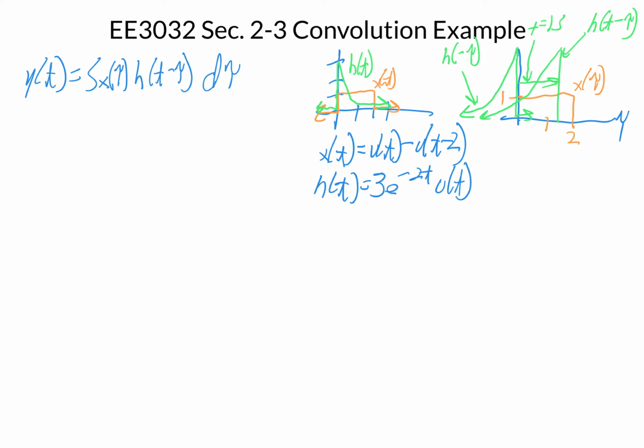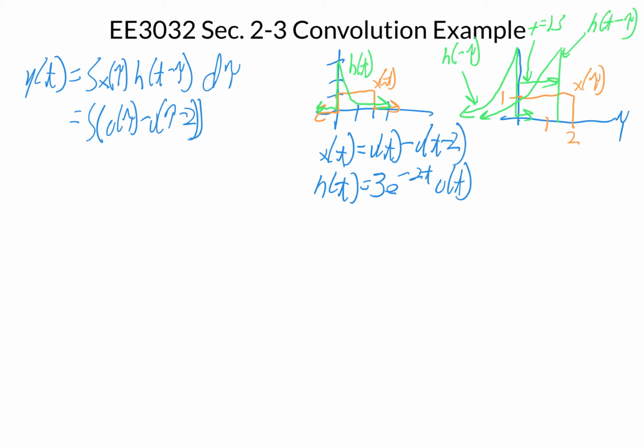So now we have a picture of what we're integrating, and that's going to help us as we evaluate this integration formula. So let's go ahead and follow it literally and substitute in x of tau. X of tau is going to be u of tau minus u of tau minus 2. I'm just taking the definition of x of t there and changing the t's to tau.